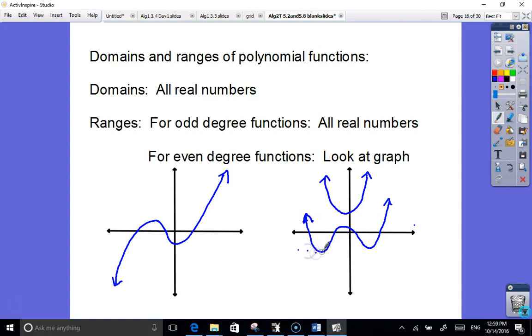It only goes down as far as the lowest part of the shape. So you always would have to say that the range is limited if it's an even degree polynomial, and you just have to look at the graph to see what it is. How far does it go down? It'll end up being some kind of a statement like y is greater than or equal to, pick the number.